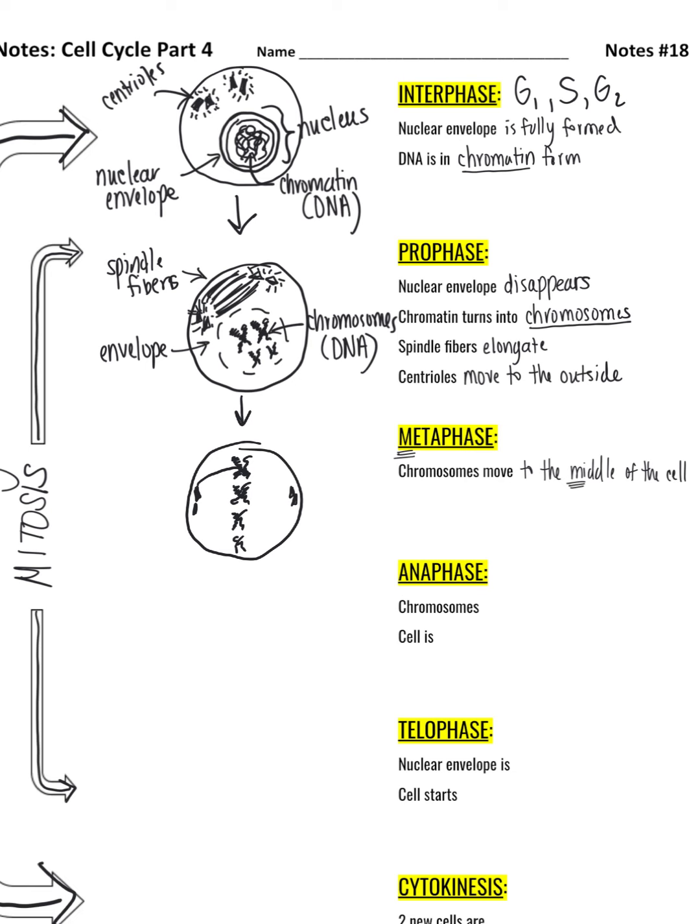And how do they get to the middle? Well, the spindle fibers are going to attach to the center of those chromosomes. It's actually called the centromere, but we're not going to worry about that. But those fibers grab onto those chromosomes and drag them there to the center.